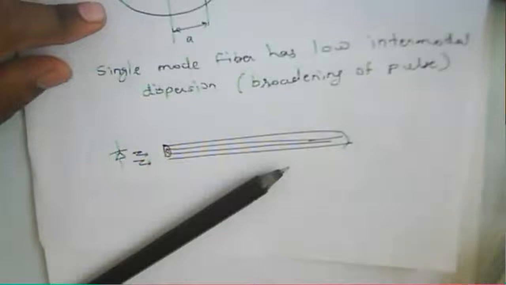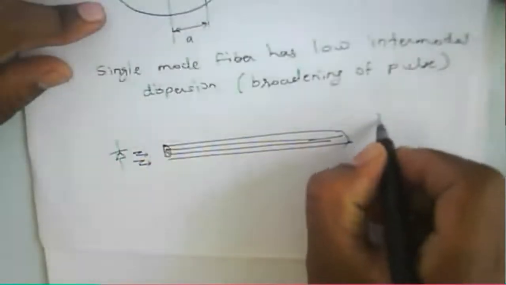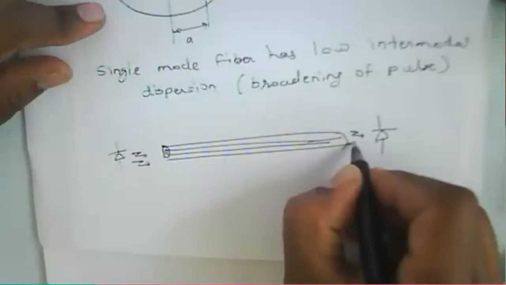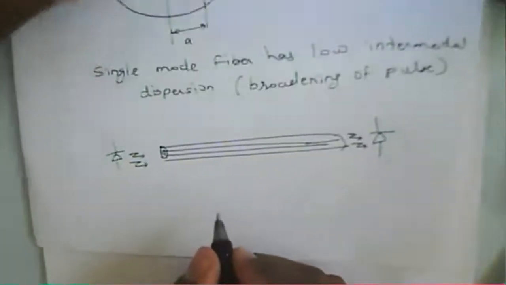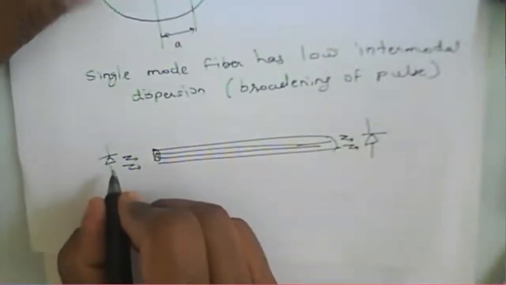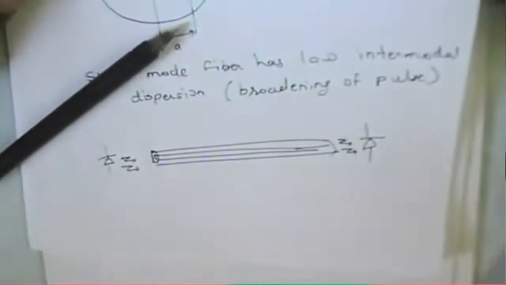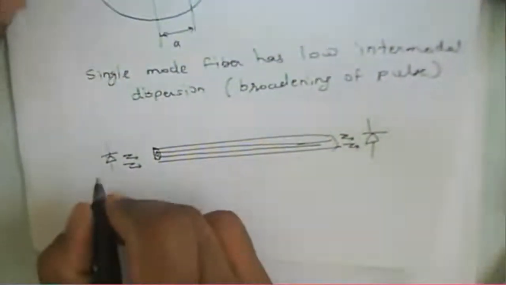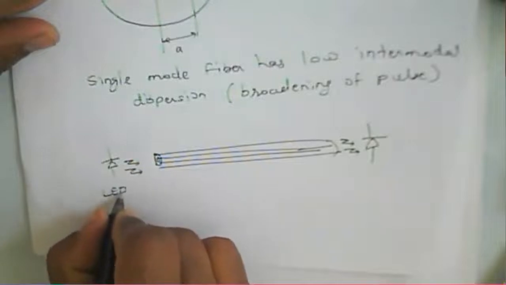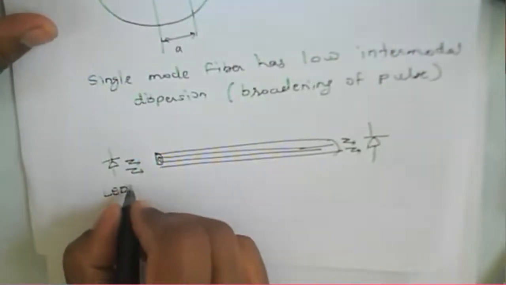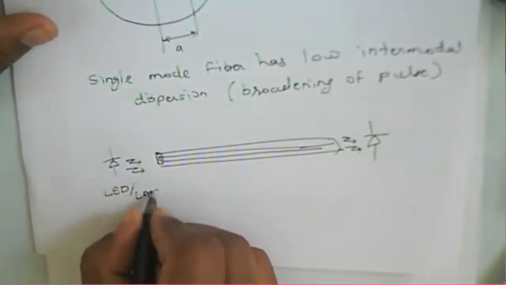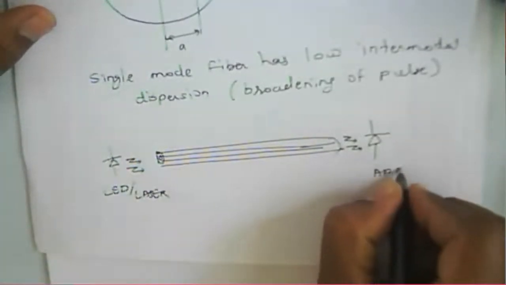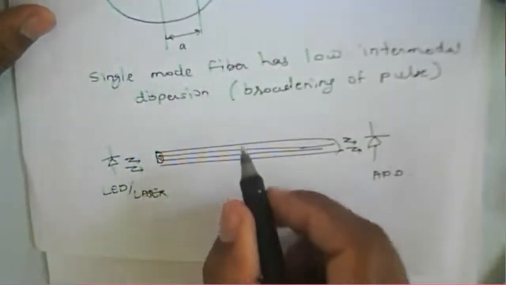When we are receiving the signal at the other end, light falls on the diode. Here the source can be either an LED or a laser source, and here an avalanche photodiode is at the receiver.